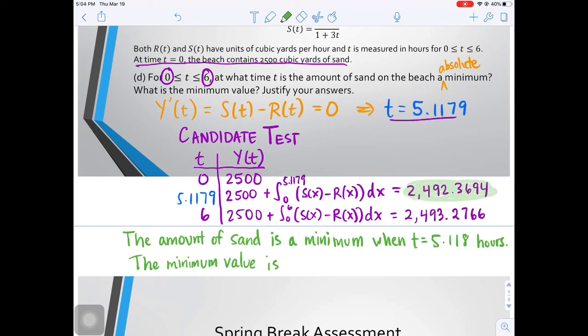So that's the minimum value, and this is the time. The time can be the critical value, but not always. So the minimum value is 2,492.369 cubic yards. Or you could write out the words cubic yards. So that was our minimum.